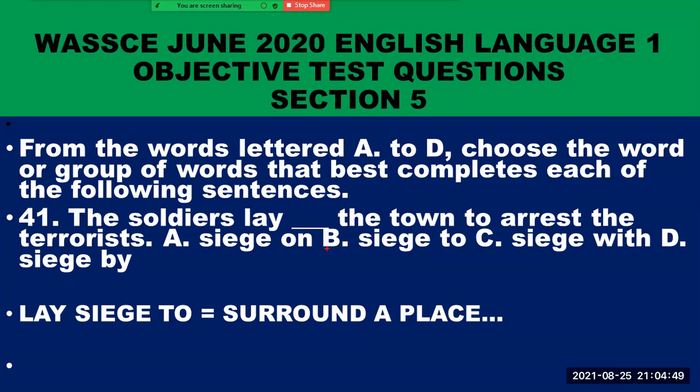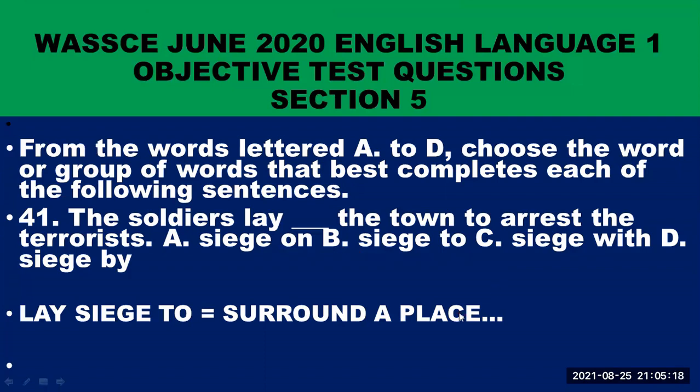So the correct option is C. The soldiers lay siege to the town to arrest the terrorists. To lay siege to a place is when security agents such as policemen or soldiers surround a particular place with a view to making arrests of the people there or attacking that particular place.